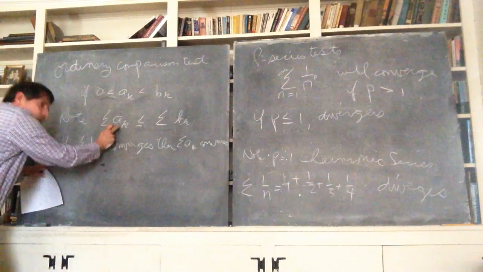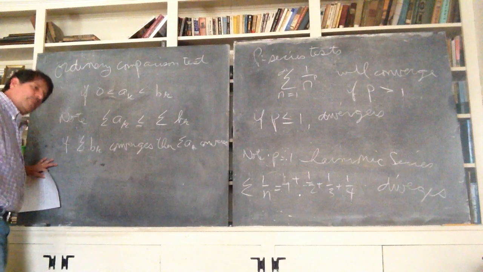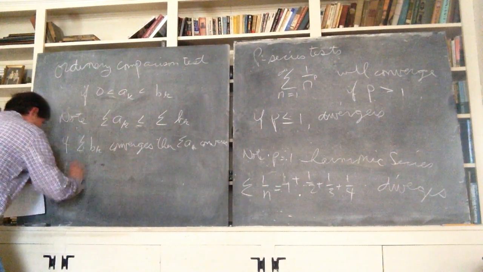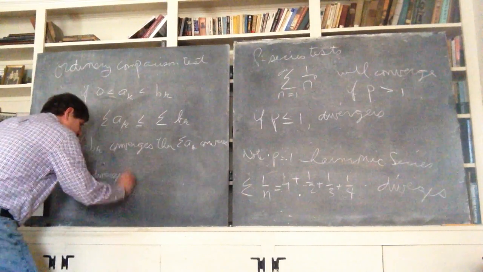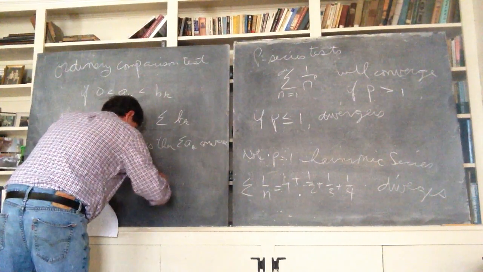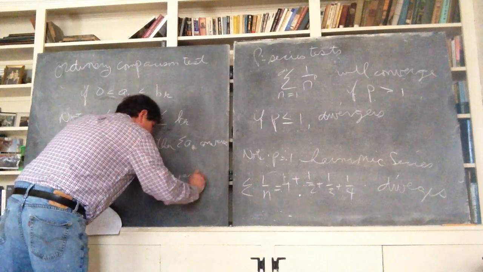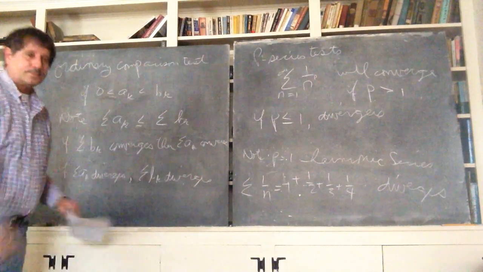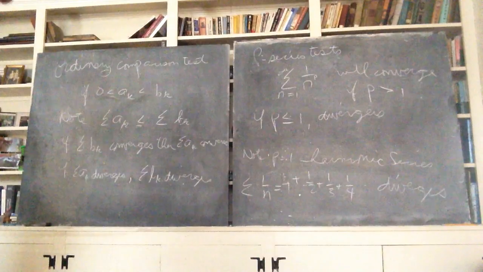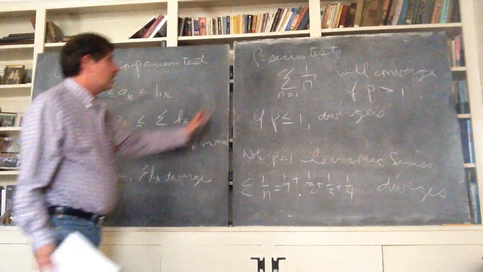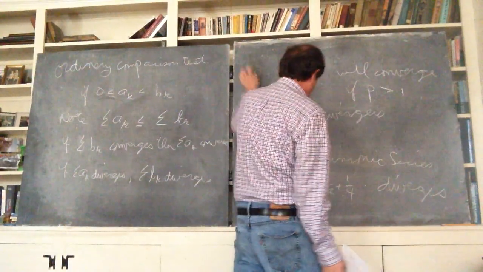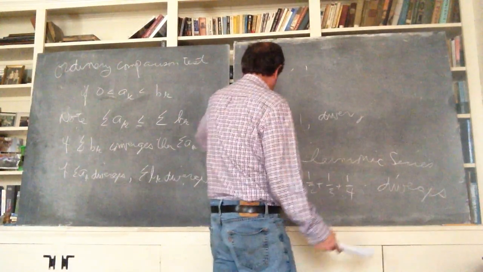If the smaller one diverges, certainly the big one diverges. The ordinary comparison test, we actually used this once to do an example, and we're going to talk about examples of all of these.